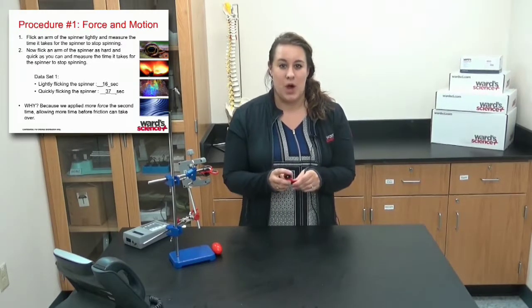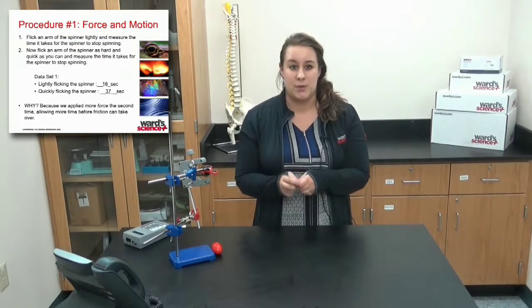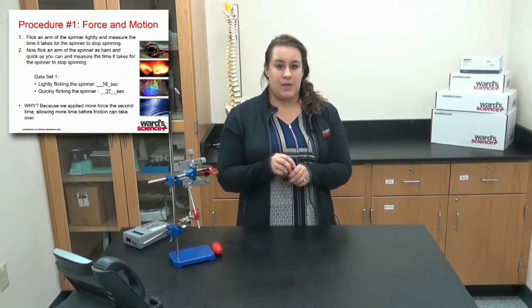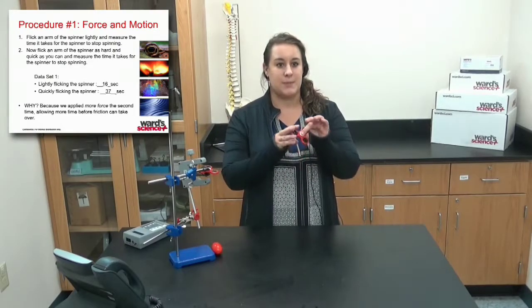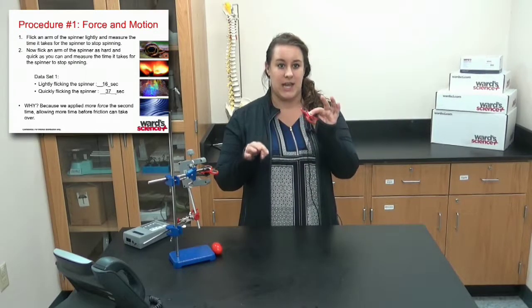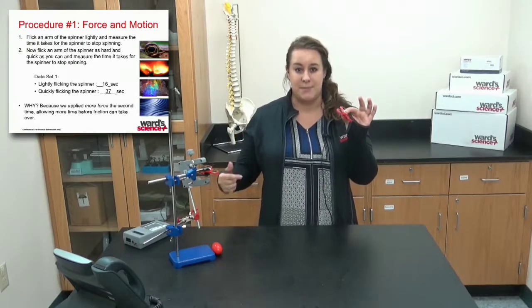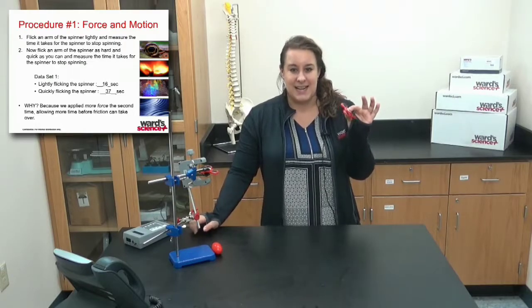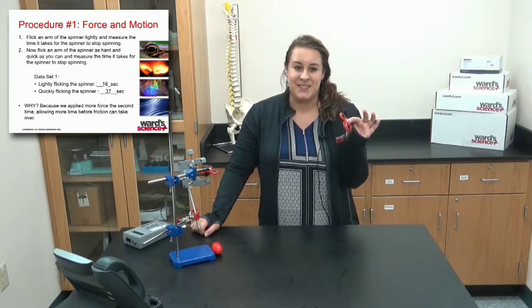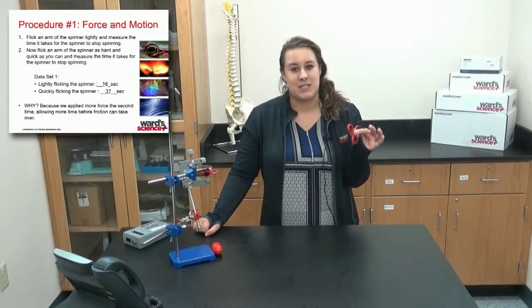So procedure number one, we're going to introduce force and motion. The first part of the procedure is the kids are going to flick an arm of the spinner lightly and measure the time it takes for the fidget spinner to stop spinning. I did this earlier. I put some sample data in here so that we didn't have to wait the entire time for the fidget spinner to stop.